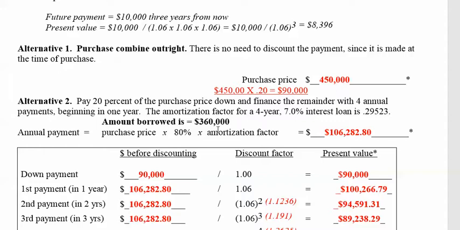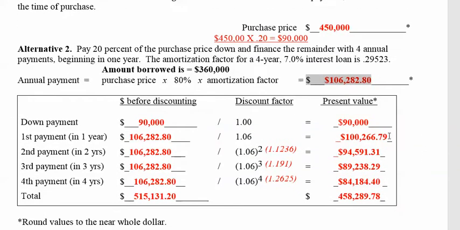Now we amortize that using our amortization factor, which we already have from our amortization table. We take 360,000 times the amortization factor to get our annual payment of $106,282.80.